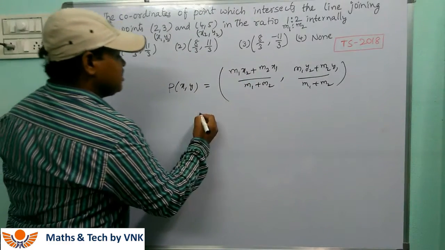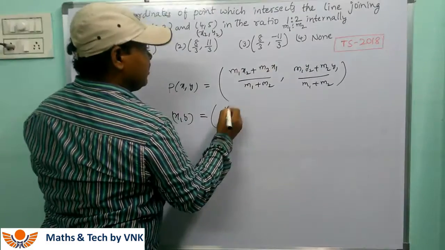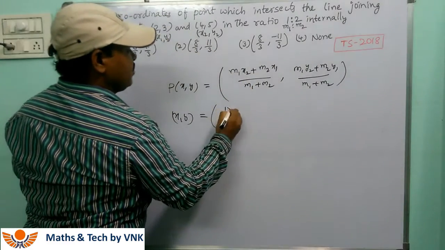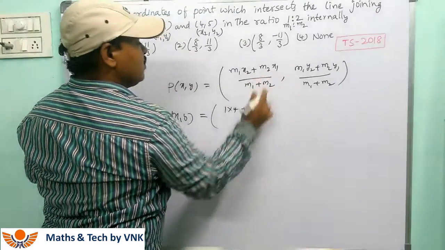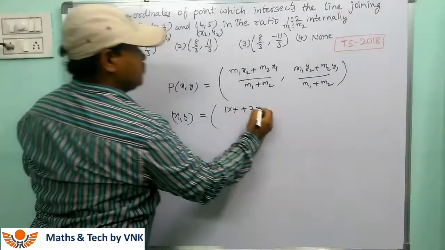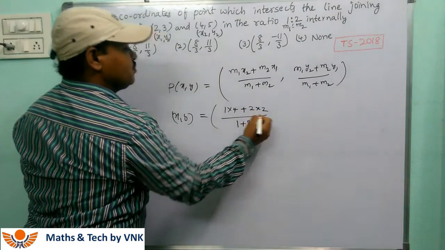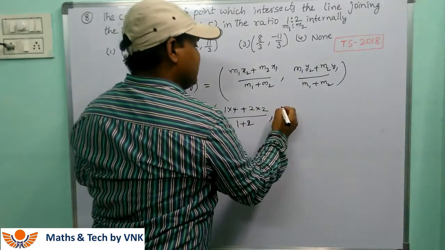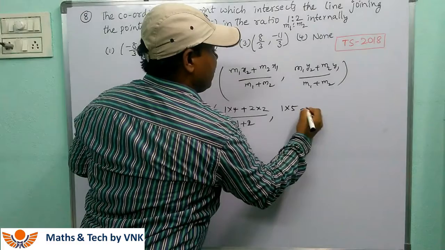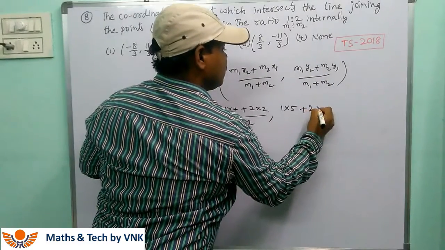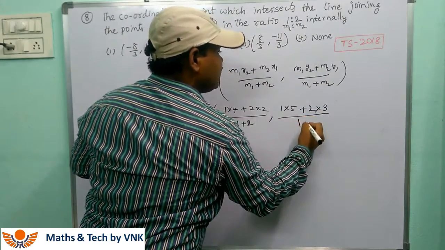So (x, y) is equal to m1 is 1, x2 is 4, into 4 plus m2 is 2 into x1 is 2, divided by m1 is 1 plus m2 is 2, comma, m1 is 1, y2 is 5 plus m2 is 2 into y1 is 3, divided by m1 plus m2, that is 1 plus 2.